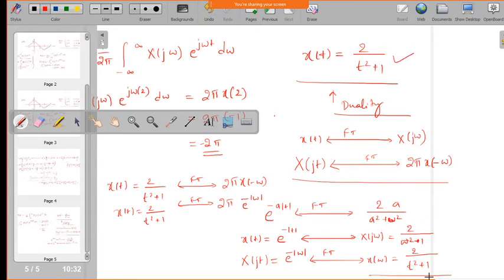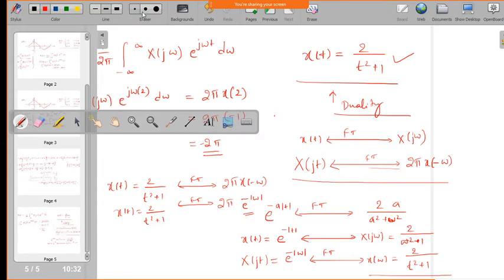By using this property, x of minus omega is e power minus omega, so 2 pi into x of minus omega is replaced by e power minus omega. This is the duality property.